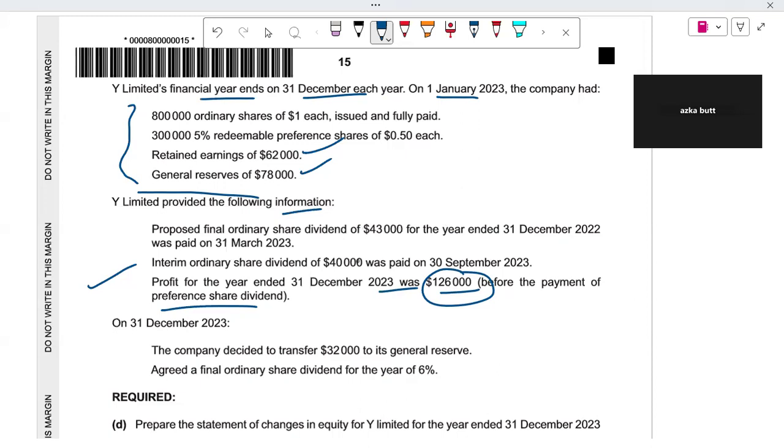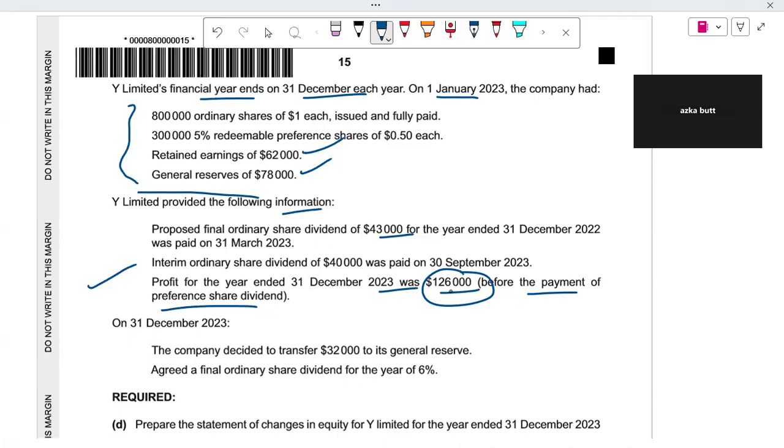So what is the preferred dividend? Proposed final dividend 43,000 per year. 126,000 is a profit, but if you see the adjustment that before the payment of preference share dividend, it means that this is the profit before the payment of preference share dividend.